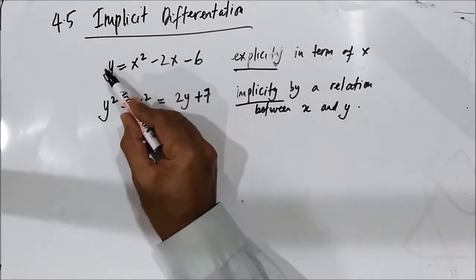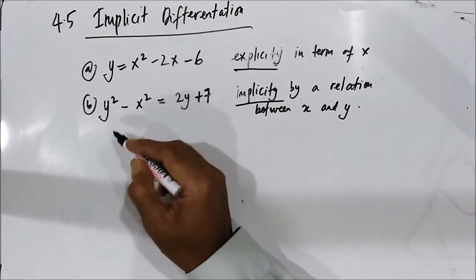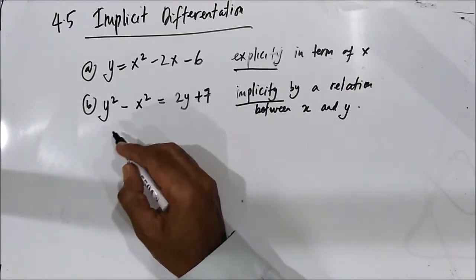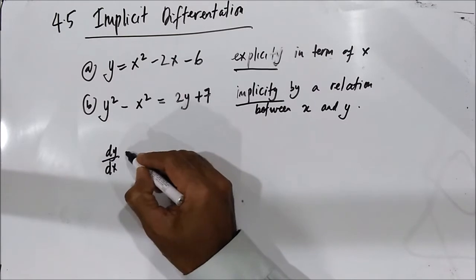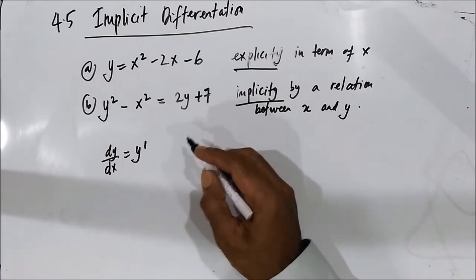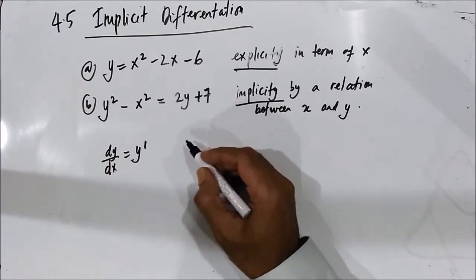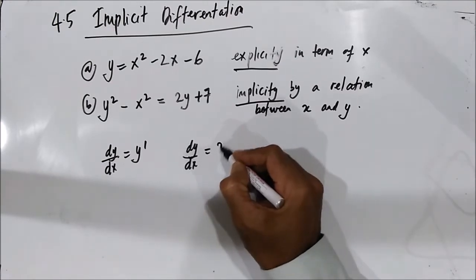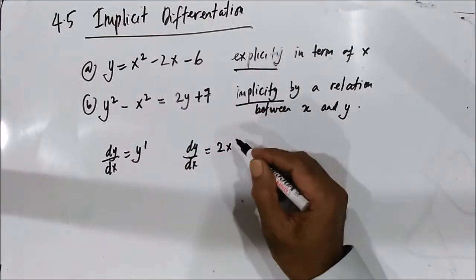Let's say this is a, this is b. For a, I want to find y prime, or dy/dx. So dy/dx, or y prime, is equal to 2x. Then you differentiate this function here.